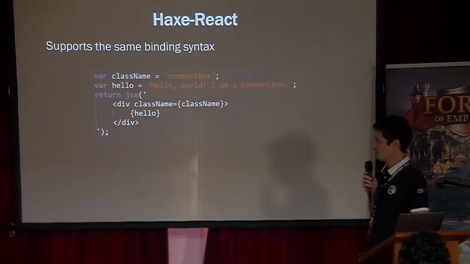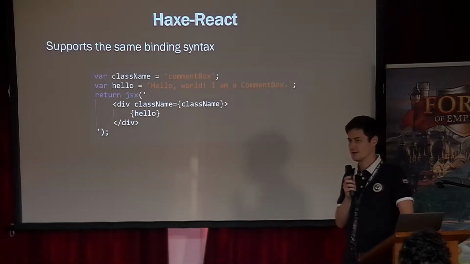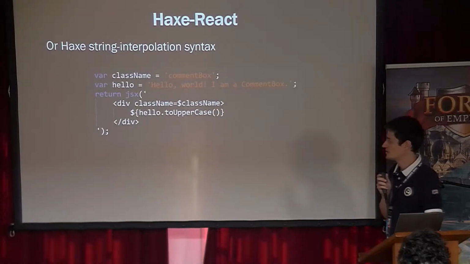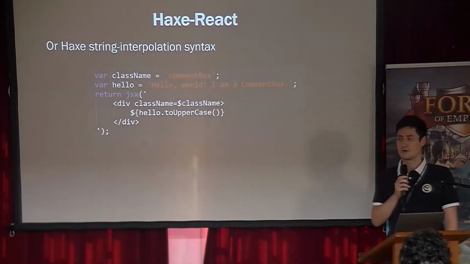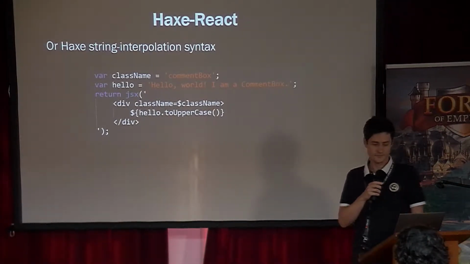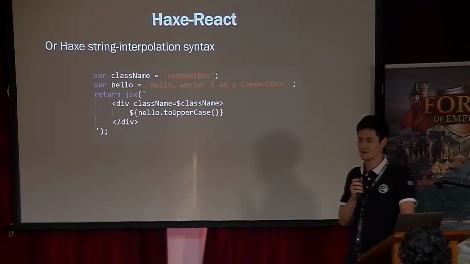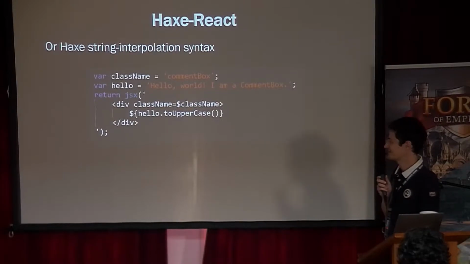You can use binding, the JSX style curly brackets binding, or you can use the Haxe style string interpolation, which will work the same. The advantage is that with these brackets currently you have code completion for free, though we could have code completion for this once we improve the ghetto parser we have for haxe-react.